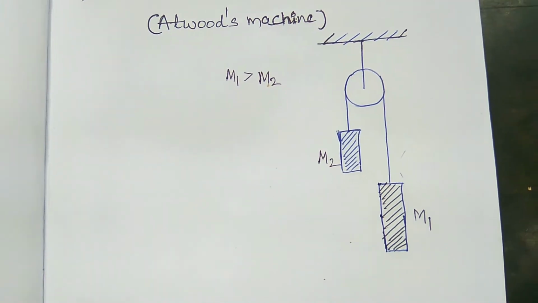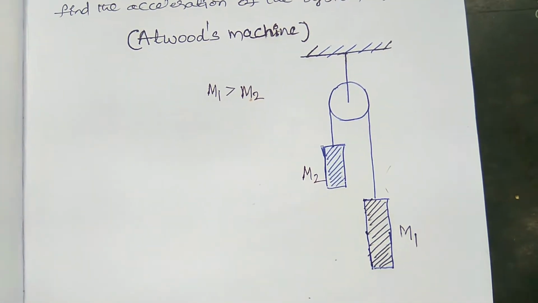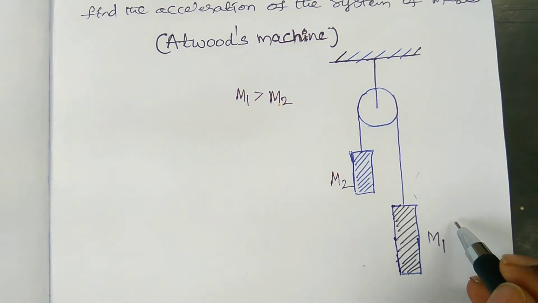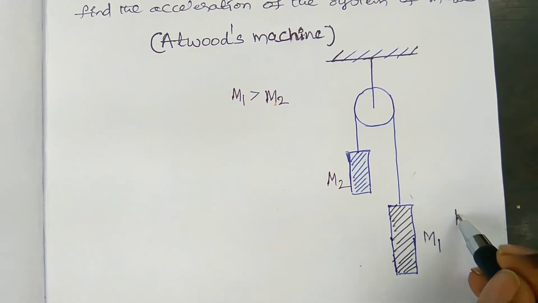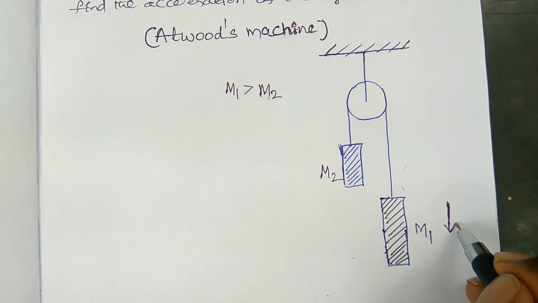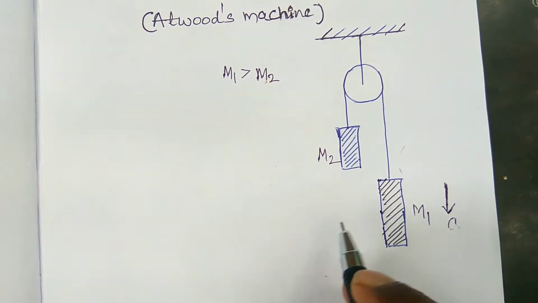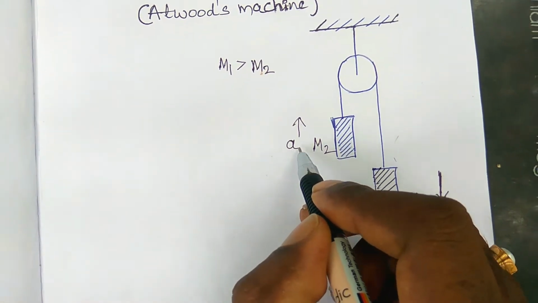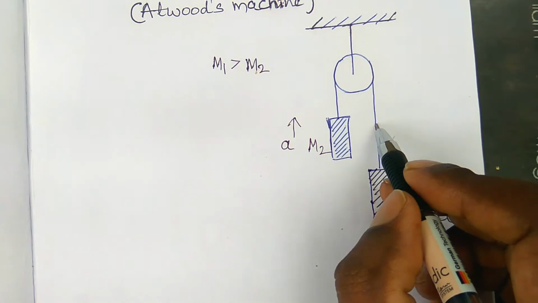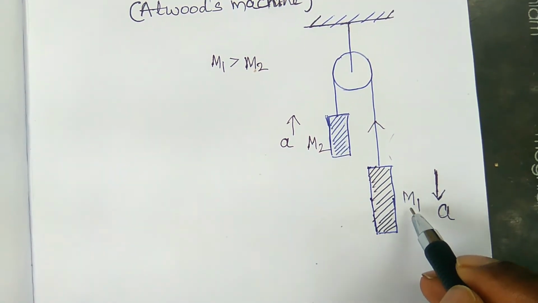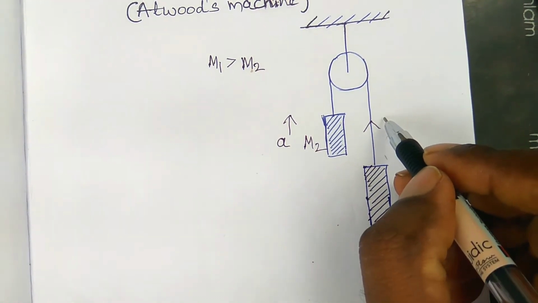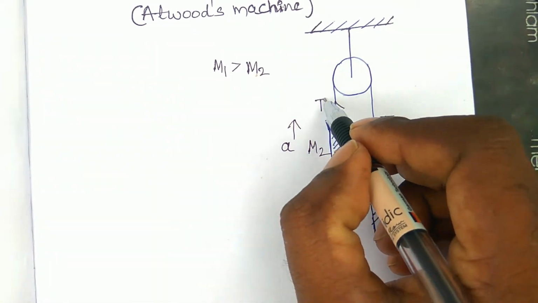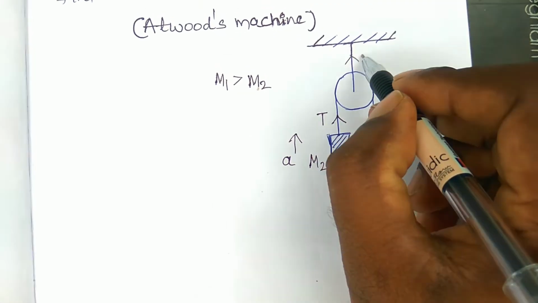Now we have to find the acceleration of the system and the tension acting on the string. Here the acceleration of the m1 body will be in the downward direction and the acceleration of the m2 body will be in the upward direction. The tension acting by the m1 mass is T, and the tension acting by the m2 mass is T. Here at the pulley there is a tension 2T.